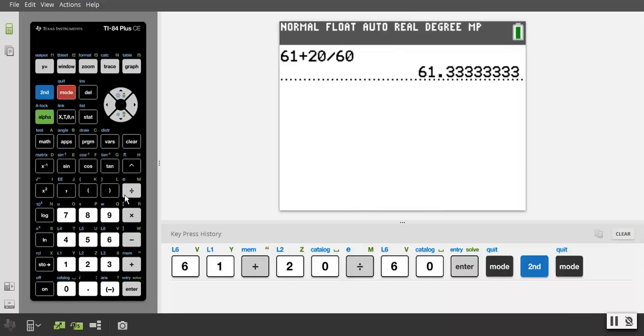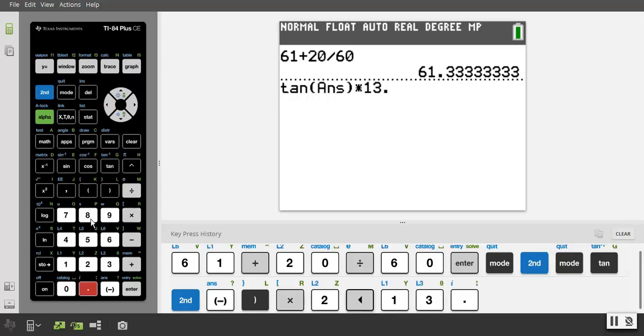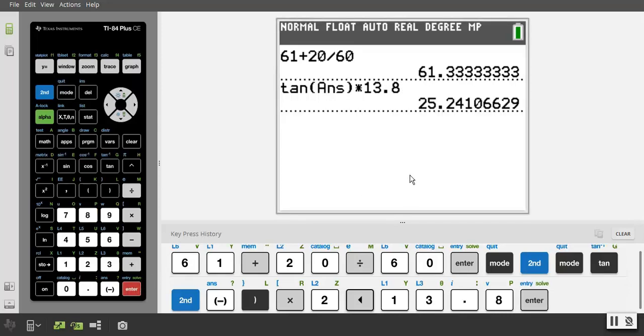Okay, yeah, you always got to check the mode. So tangent of that answer times 13.8. You just hit enter. So it appears that the missing side is 25.2 centimeters.